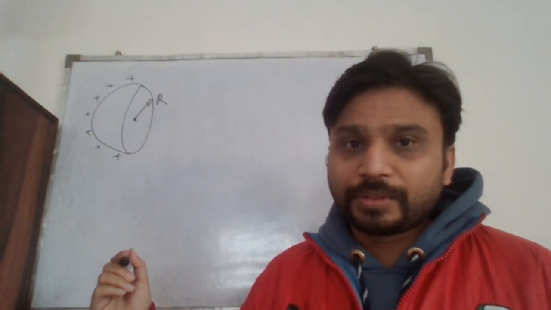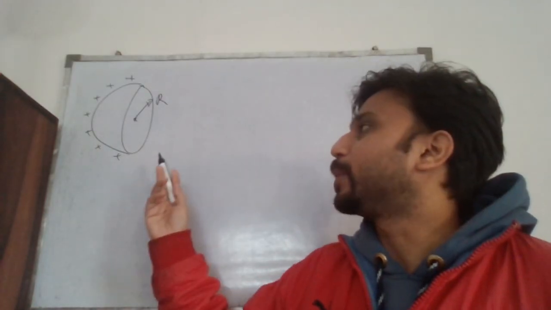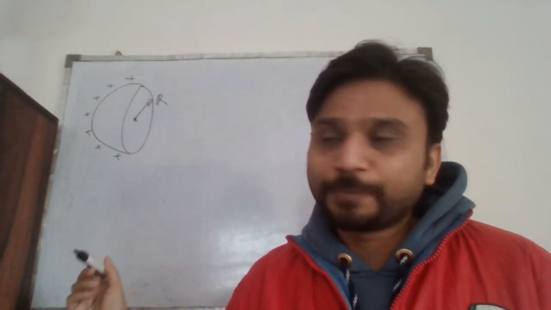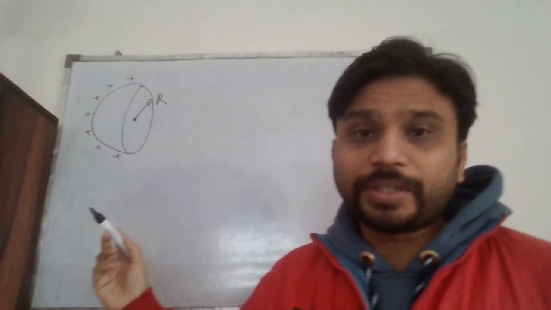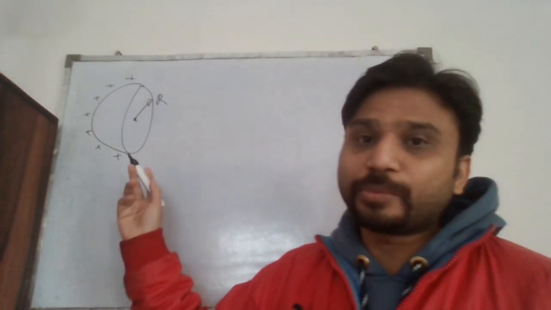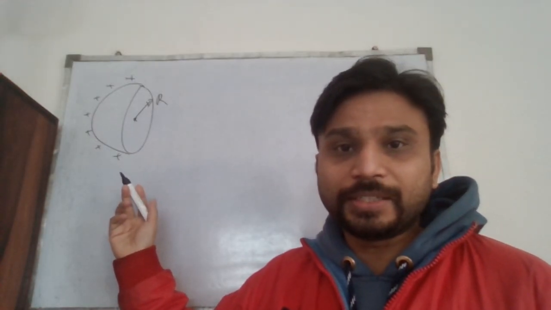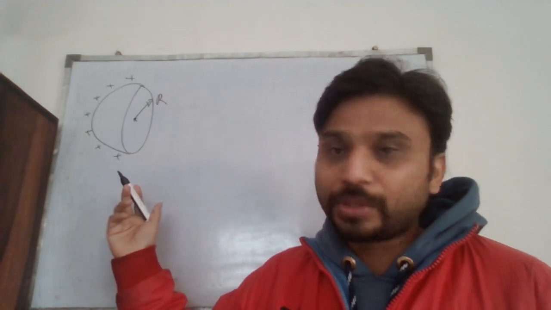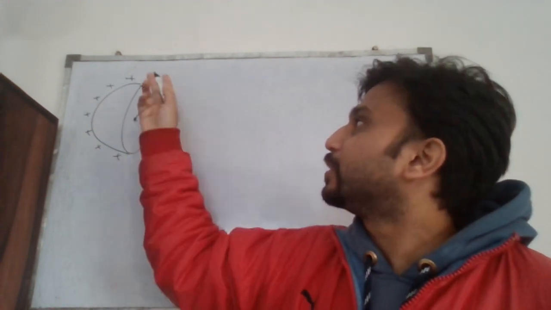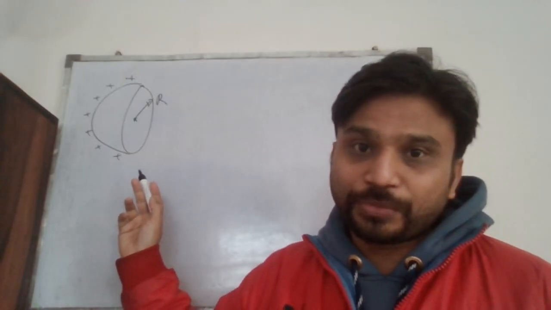If it were a conductor, would the charge spread out uniformly like that? In a conductor, the charges tend to bunch up at the points which have very sharp edges, which is the perimeter of this hemisphere.